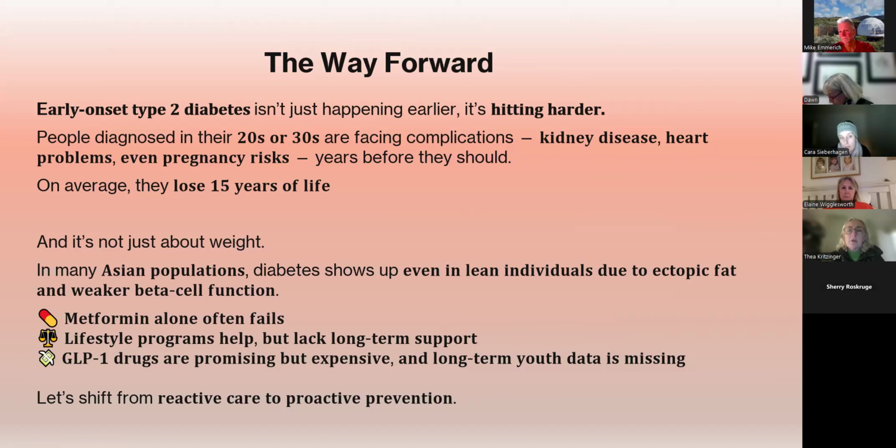We can actually group this together with all chronic conditions, because people are taking medication for chronic diseases, but their quality of life can actually be much better if they look at a more holistic lifestyle.